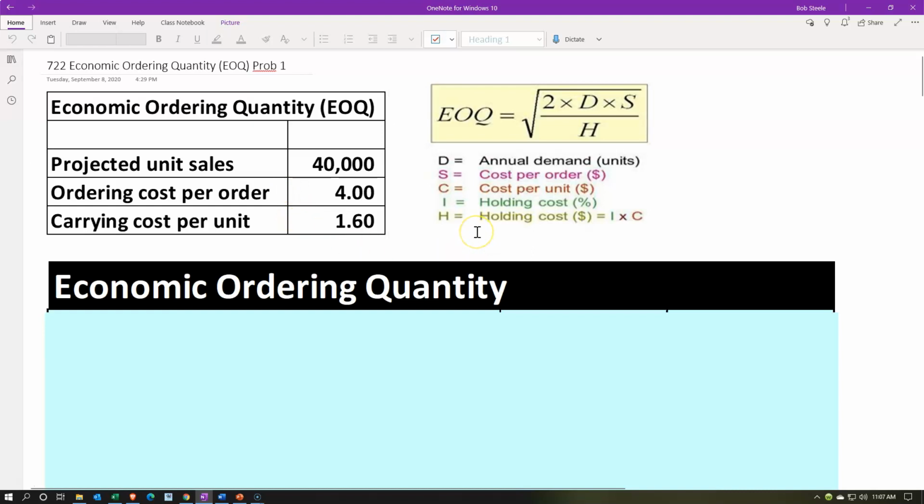Now this one often is calculated as a percentage of the cost per unit, so you might have the cost per unit, and then the holding cost as a percent of it. We here just simply have the holding cost per unit of 1.6. And then we take the square root of that whole thing.